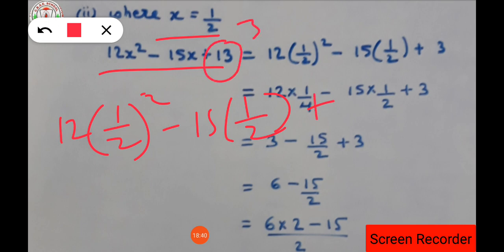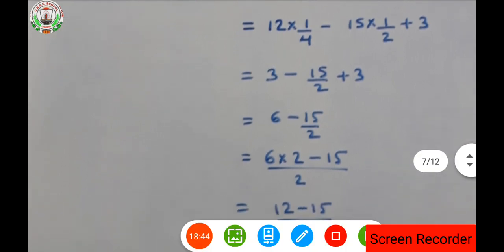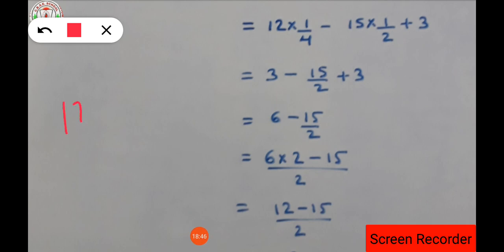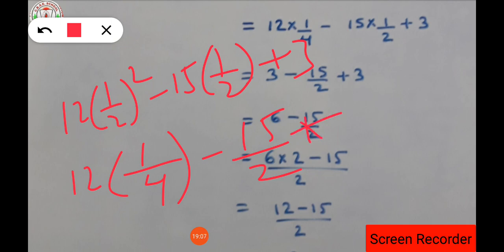After putting all the values, we have to solve it. 1 by 2 into 1 by 2 will be how much? 1 into 1 is 1 itself, and 2 into 2 is 4, isn't it? Minus 15 into 1 will be 15 by 2, plus 3.